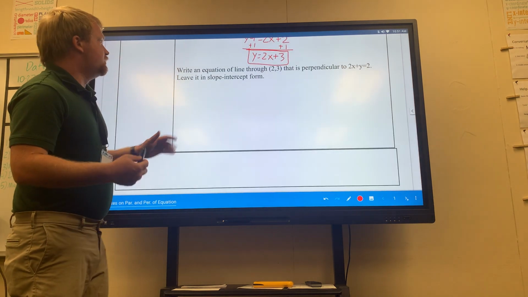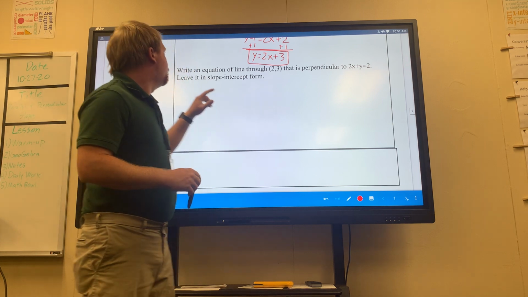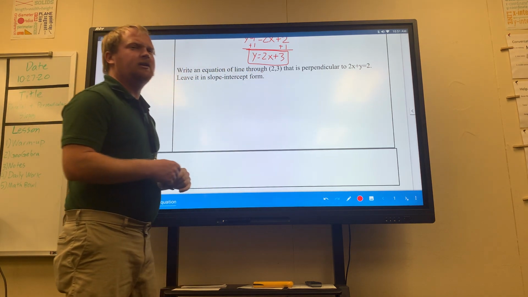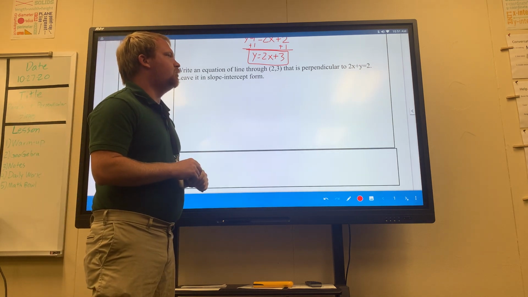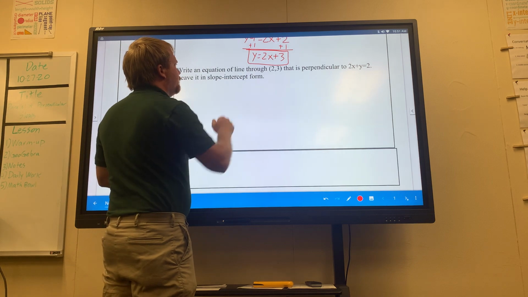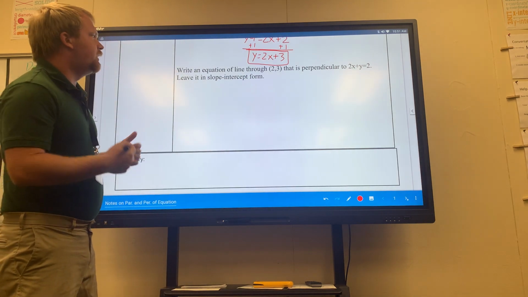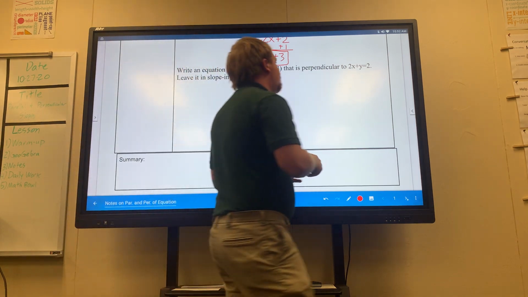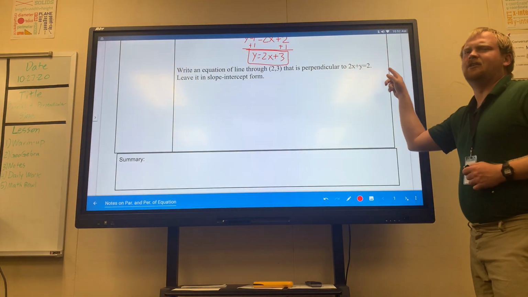My next problem is to write an equation of a line through (2, 3) that is perpendicular to 2x plus y equals 2, and I want to leave it in slope-intercept form. I don't necessarily know my slope because this isn't in slope-intercept form.